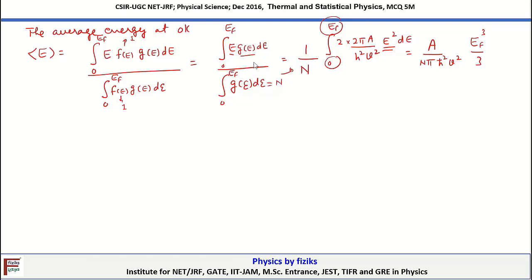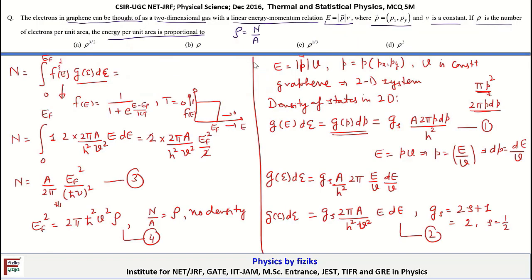Now we will substitute the value of EF here, and then we will obtain the desired result. So the average energy is equal to, keeping the rest of the terms outside, A upon 3N pi h cut square b square multiplied by, now I'm substituting the value of EF from the previously determined value in the previous step, equation 4.